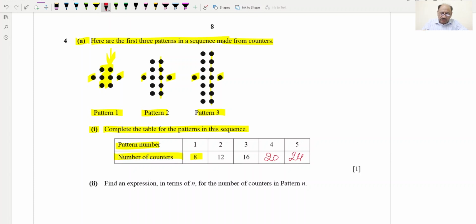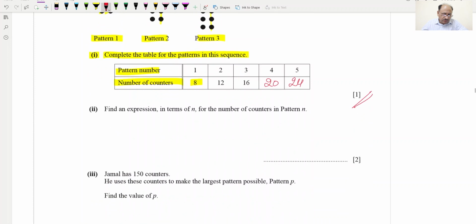So these will be the 2 missing numbers which we have calculated for 1 mark question.